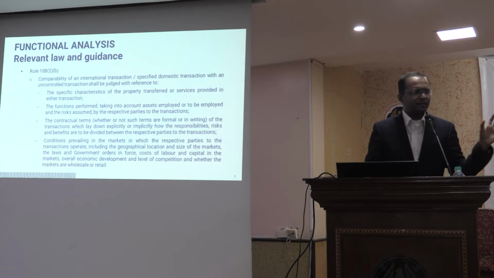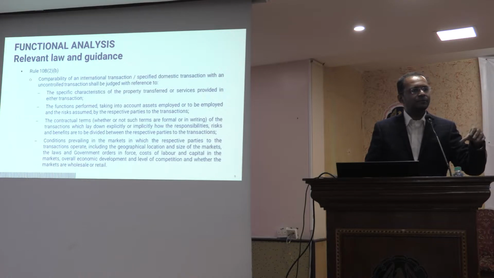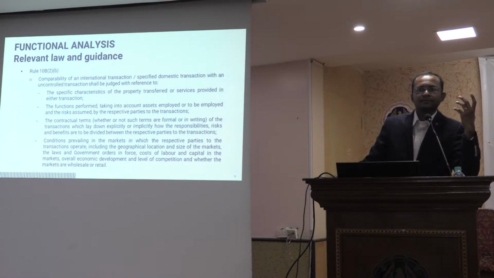All of us are familiar with, we've heard this phrase, software development services, IT enabled services, manufacturing of drug formulations, manufacturing of tablets, manufacturing of spare parts which are used in automobiles. That is the name of the transaction, but what are its characteristics? That is something which we need to understand a little more. That is the requirement in Rule 10.